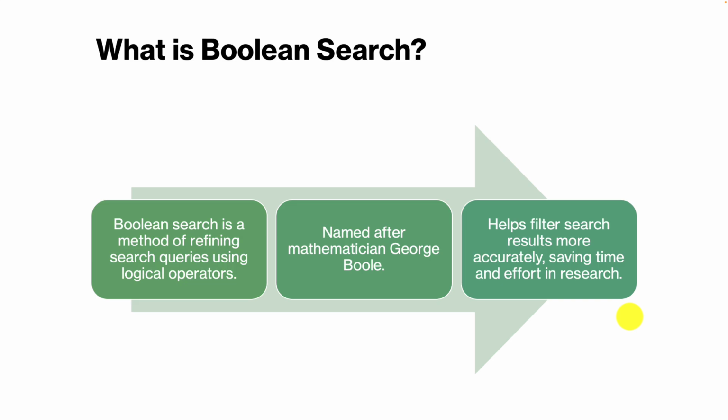Like I said, there is no one way to do this, and you have to practice. This is going to help filter our search results more accurately, which will save you lots of time and will not allow gray hairs to pop up on your head because you're stressed out because you can't find exactly what you are looking for.